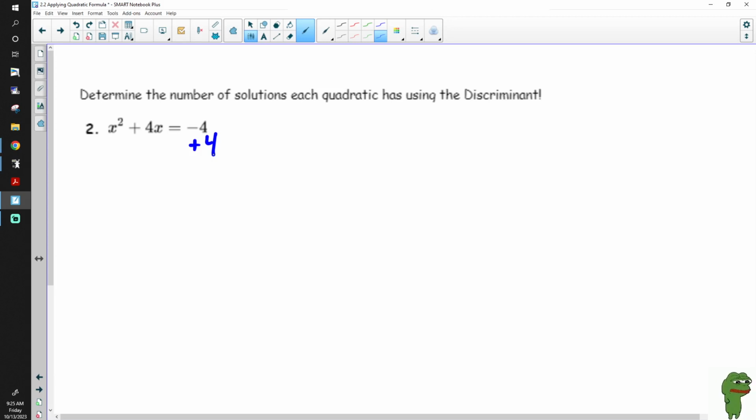Put it at the end, because it's your normal number. And where do the normal numbers always go in order? At the end. So I'm just going to write +4 over here. I'm not going to actually combine it with anything. I just got to toss it at the end. X squared plus 4x plus 4 equals 0. Because -4 plus 4 is 0.